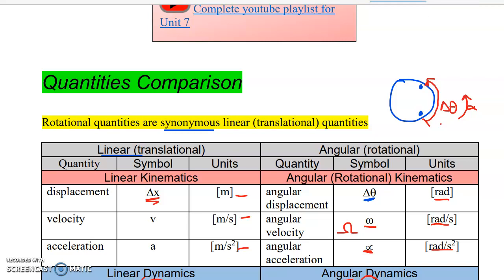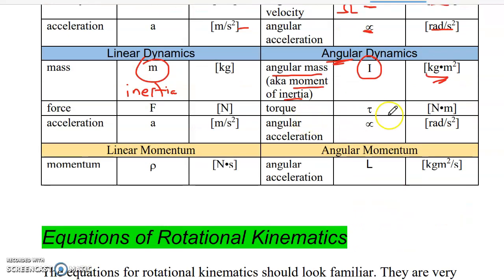A torque is due to the fact that we apply a force on the edge of the rotating thing, let's say it rotates about some center of mass right here. So the force applied here will induce a torque, measured in Newton meters. What results if we apply a torque to something that has an angular mass, or moment of inertia, is of course an angular acceleration.